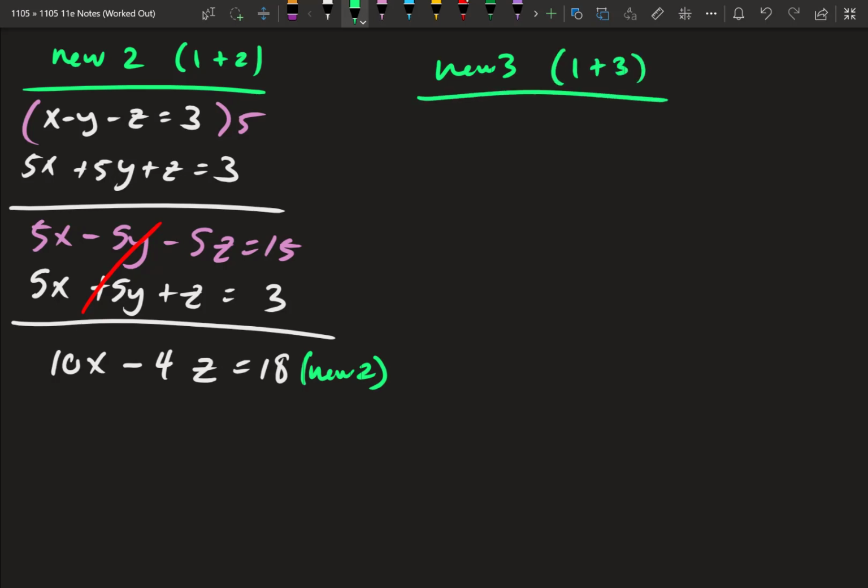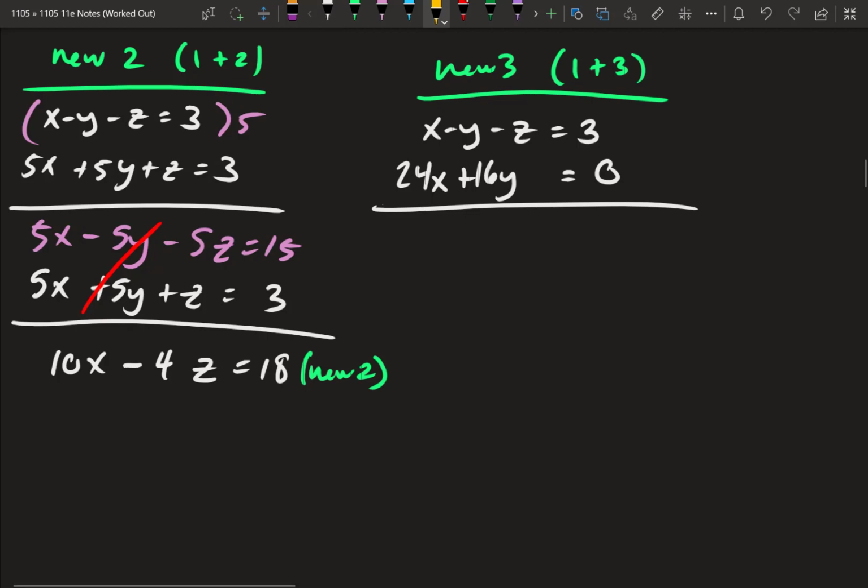To find new 3, we're going to take 1, which is x minus y minus z equals 3, and 3, which is 24x plus 16y equals 0. In new 2, we got rid of y, so for new 3, we must get rid of y. So I'm going to multiply the top by 16.